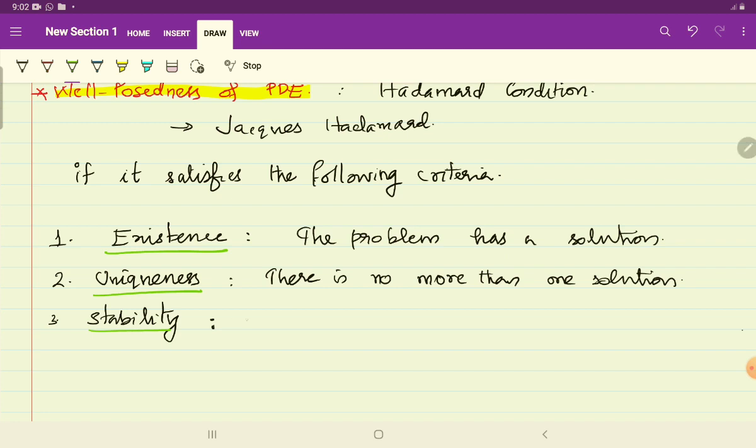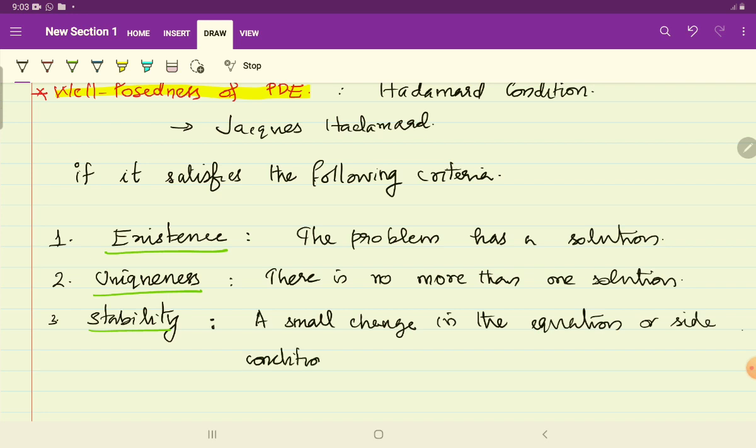Side conditions mean either the initial or boundary conditions given with the equation. The change in the solution is negligibly small.